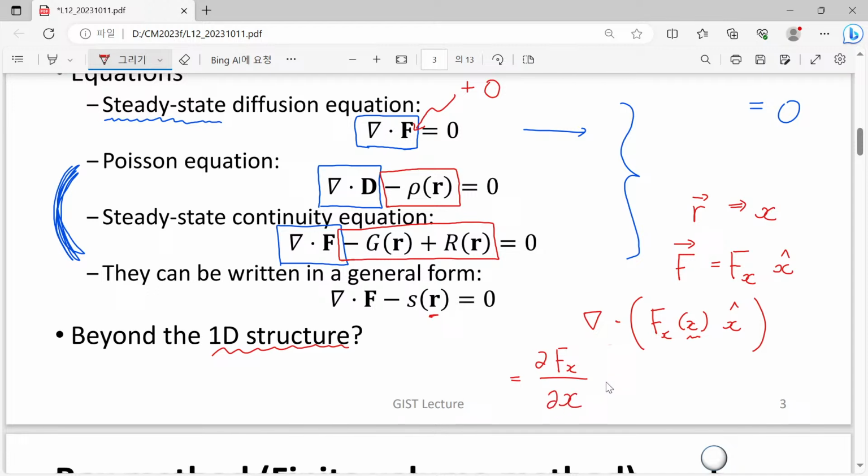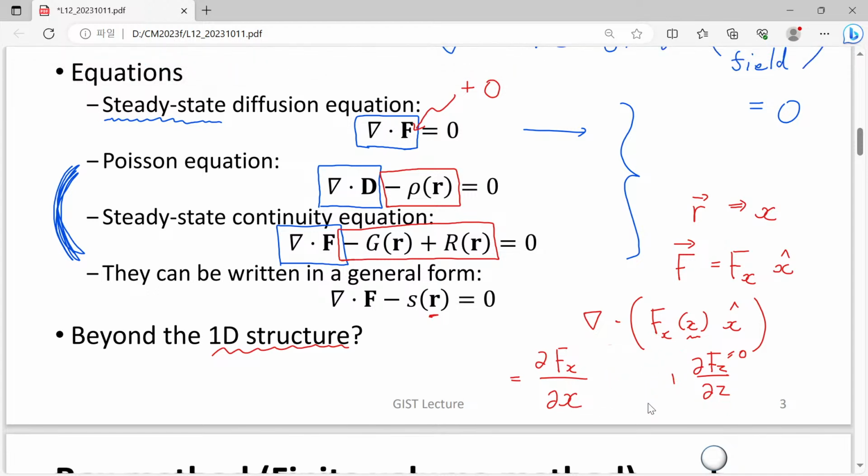Of course, you have to have other terms like the partial derivatives of fy with respect to y and fz with respect to z. However, you know that these are identically 0, so you don't have to consider them. That was what we did already in our 1D approximation.